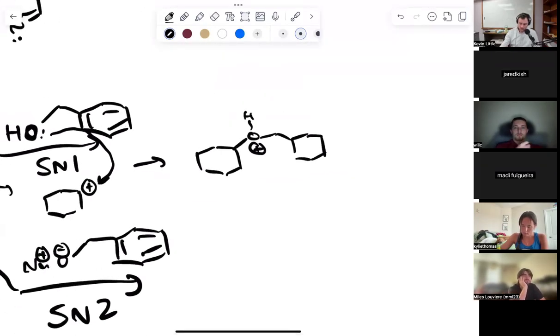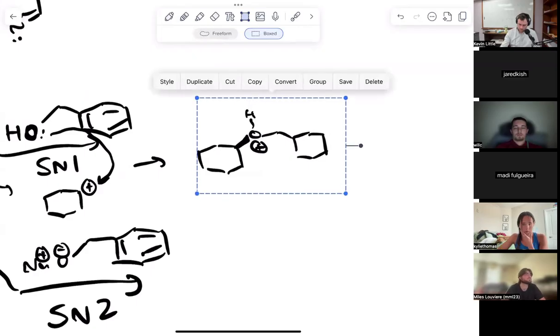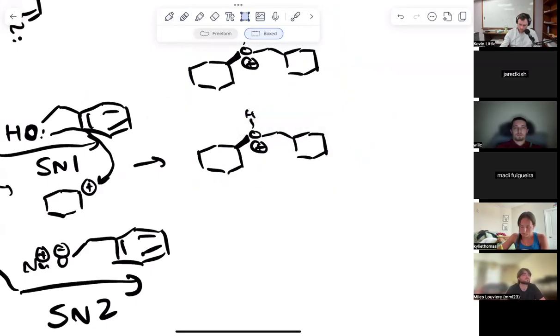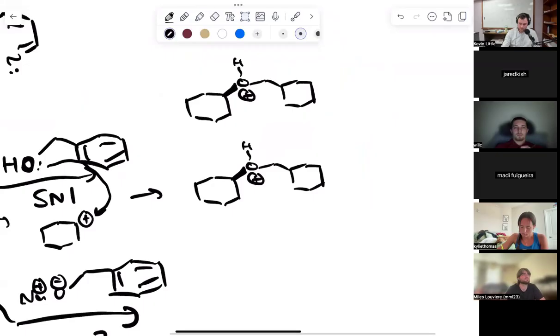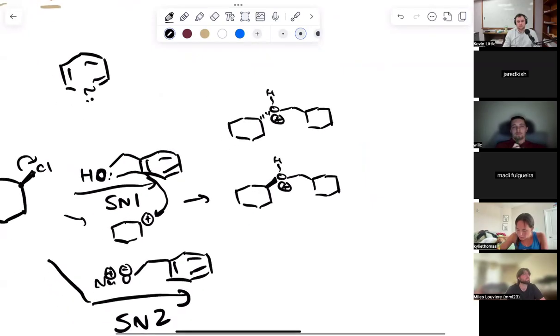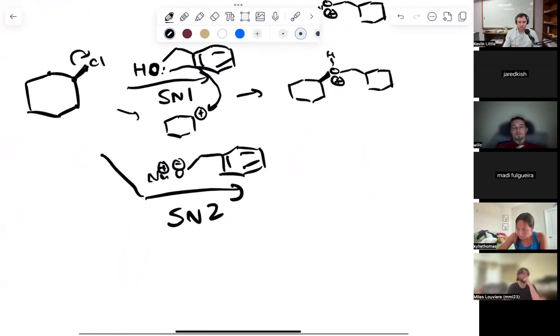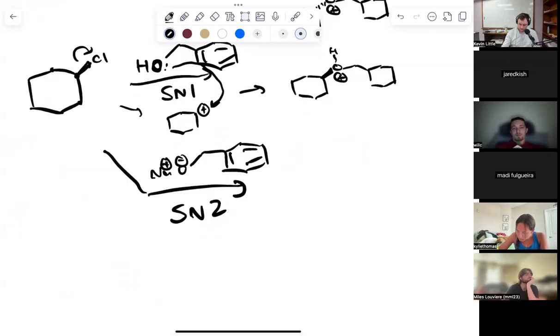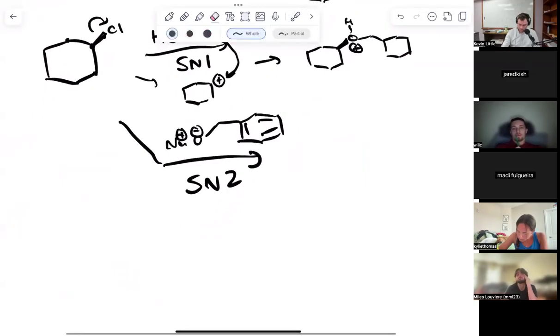There's nothing blocking this alcohol from either being a wedge or a dash. It adds in both ways. But this SN2, let me just erase this.